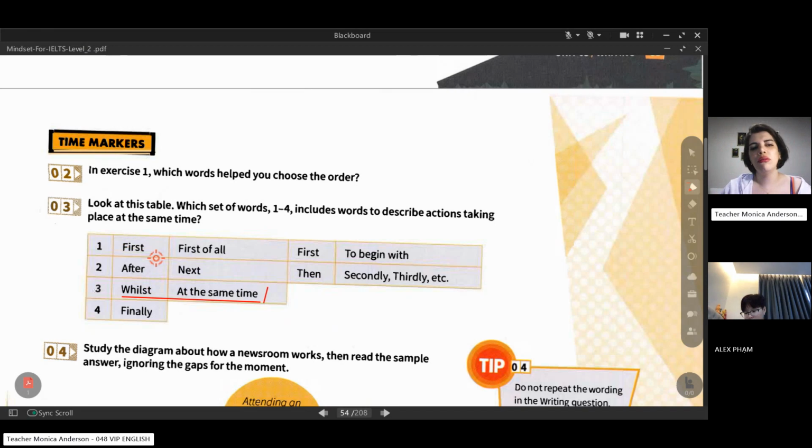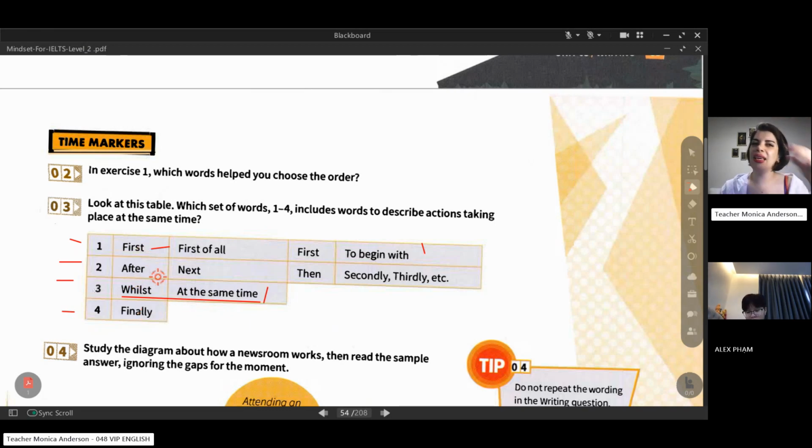So first, or first of all, to begin with, so after or next, then, secondly, thirdly, etc. So they're different words. Whilst means at the same time, and finally. So four rows, as you can see, different parts of our essay.